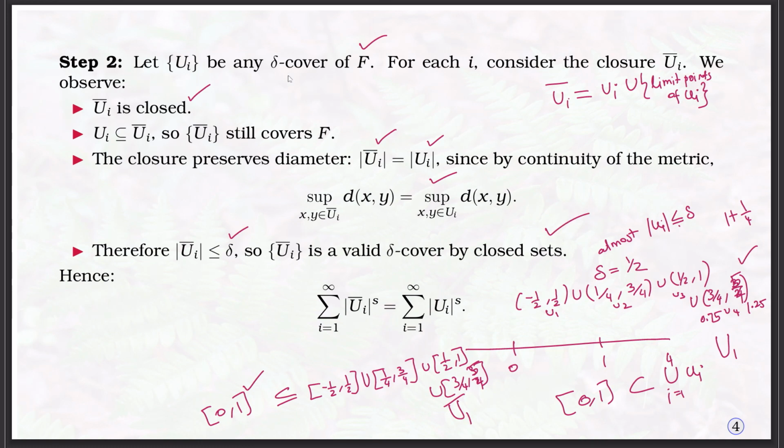We are collecting any delta cover of F and taking its closure, it gives the closed cover of F. Now use the summation: the sum of diameter to the power s of the closure equals the summation i equal to 1 to infinity of modulus of Ui to the power s, both are equal.